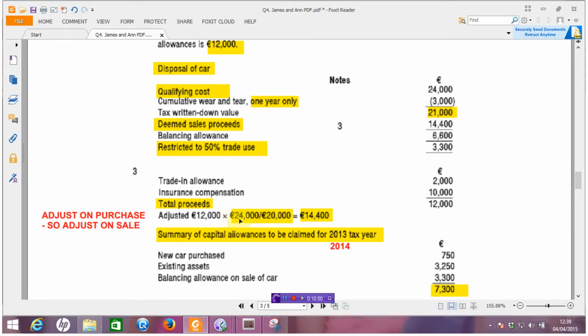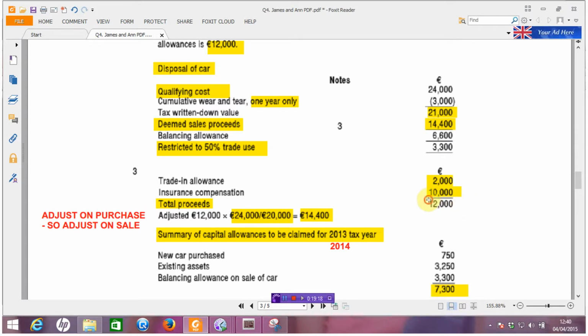In other words, that was the value that it was included at, and you'll note above that we then excluded that value. So when we're trying to come up with this figure for proceeds, we really have to say, okay, what was received for the car? And they complicated it a little bit by giving you two separate amounts. The car was written off, so we were given a trade-in allowance, but we also had insurance proceeds, compensation of 2.